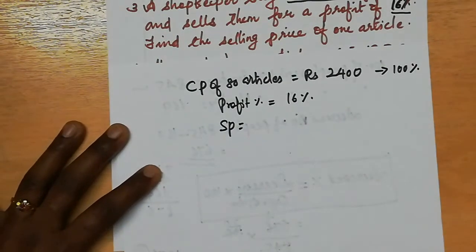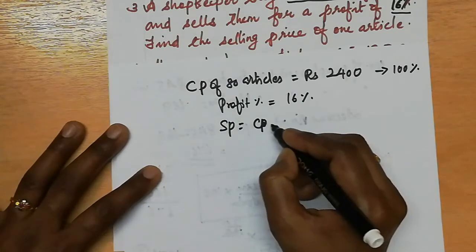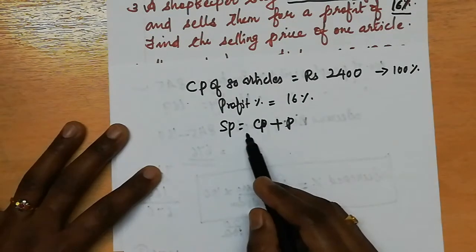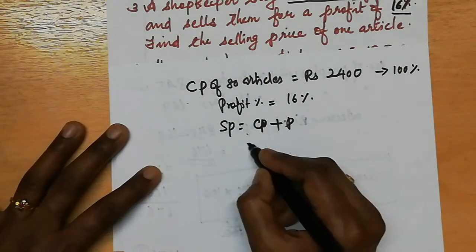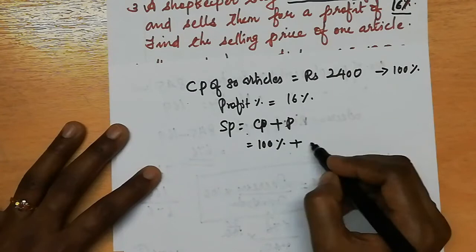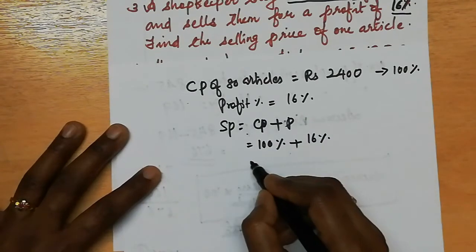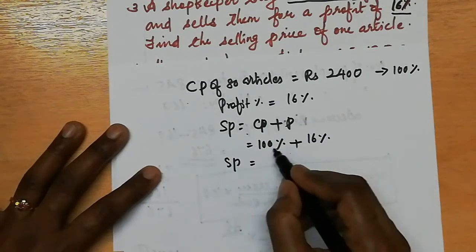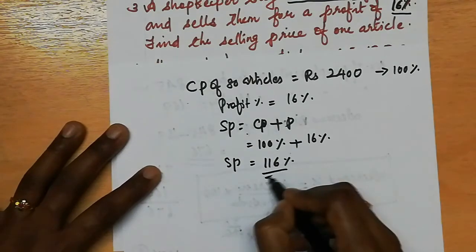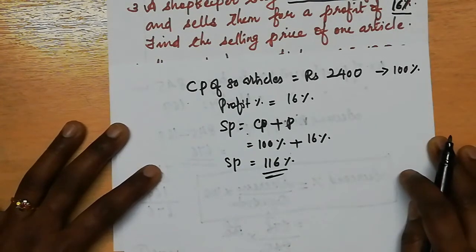Selling price means cost price plus profit. Okay, clear? So cost price is 100% here. And the profit percent is 16%. So now how much is the selling price? 100 plus 16, that is 116%. Okay, selling price will be 116%.